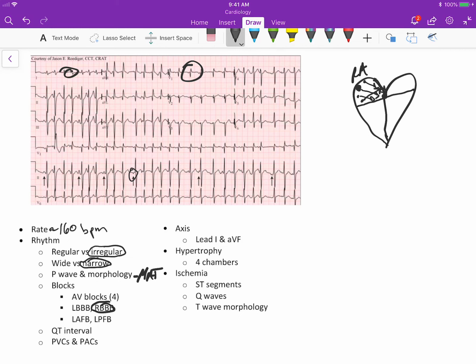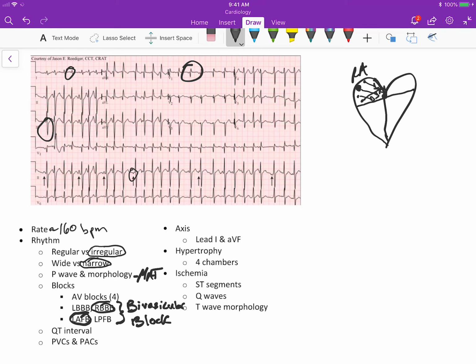That could be a Q wave. That really could be a Q wave. I'm going to go ahead and call that a Q wave. And then we do see an S in lead 3. So I'm going to go ahead and say that that is indicative of a left anterior fascicular block. So we would say these two blocks together would equal a bifascicular block.